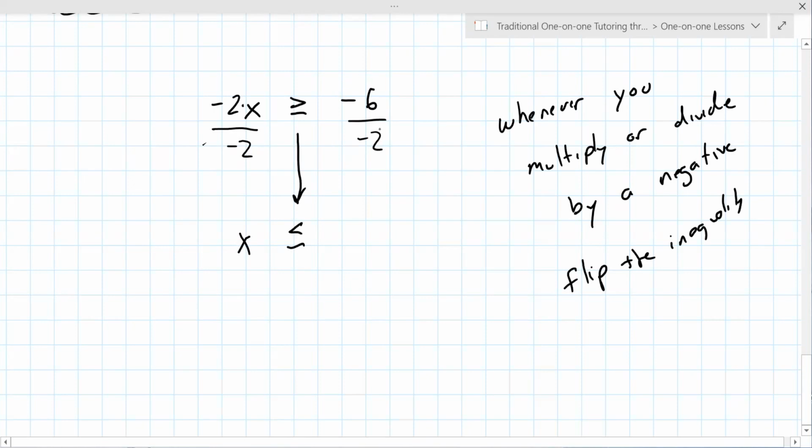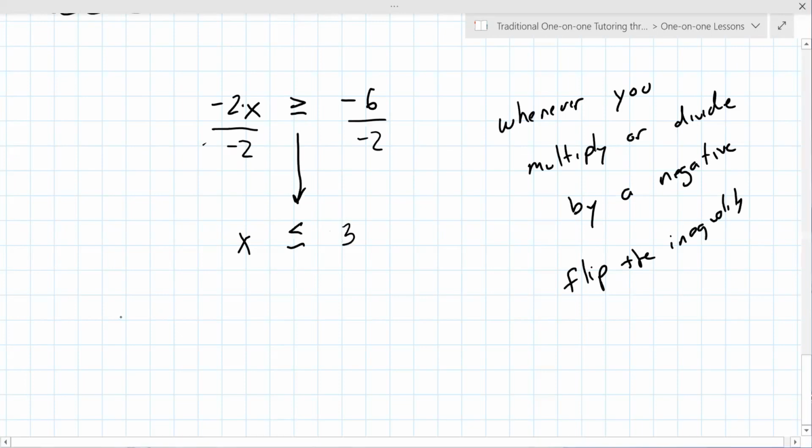What does this become on the right? What is negative 6 divided by negative 2? Negative 6 divided by negative 2 is 3.